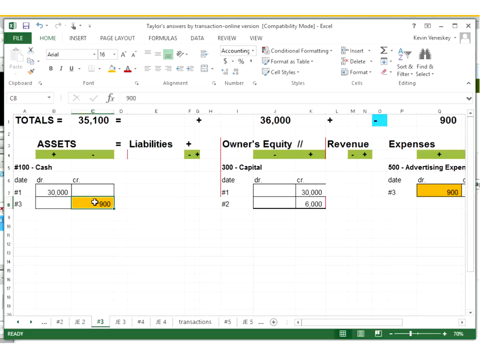Now, one thing where some people may get antsy and think, uh-oh, there's something wrong, because look on this side of the equation, I have a minus. I minused my cash, therefore I had to subtract my assets. Whereas on this side, my expenses were actually increased. So how could you have a minus over here while having a plus on the expenses?